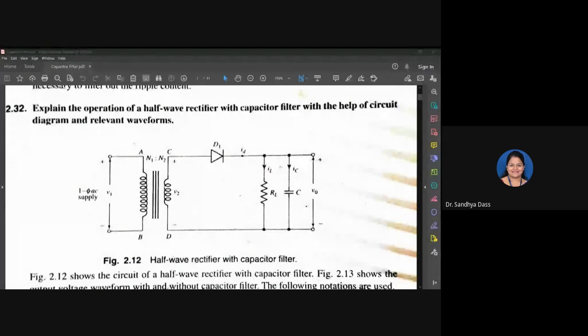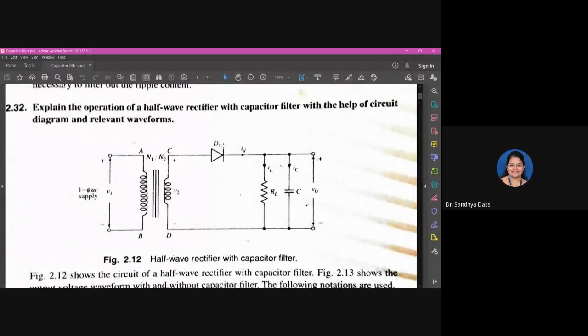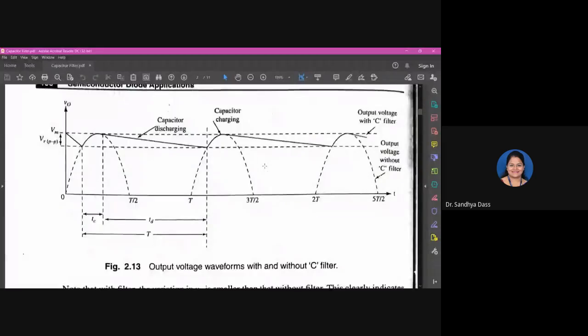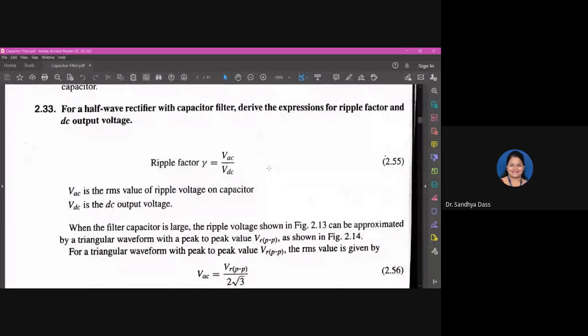All right. So here, we will now derive the expression for the ripple factor. For the half wave rectifier with the capacitor filter, derive the expression for ripple factor. You have to quickly take down.